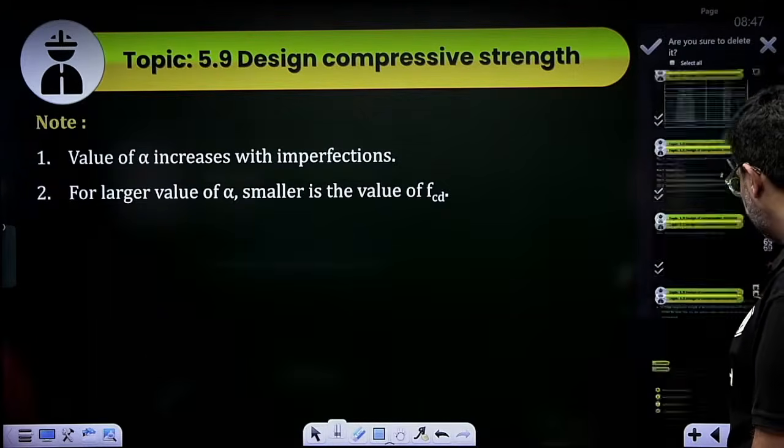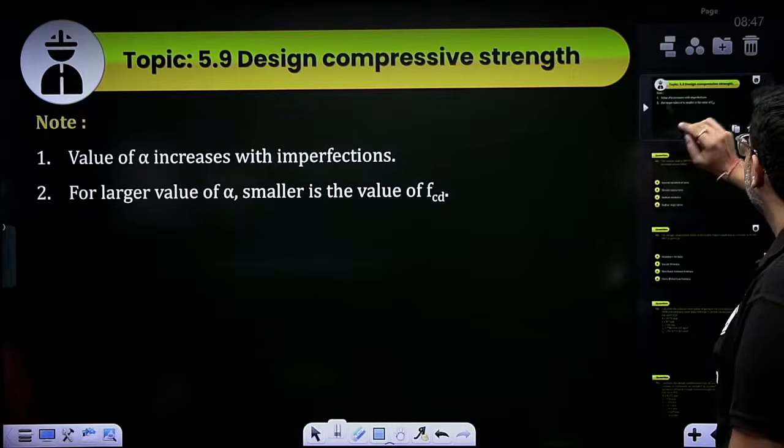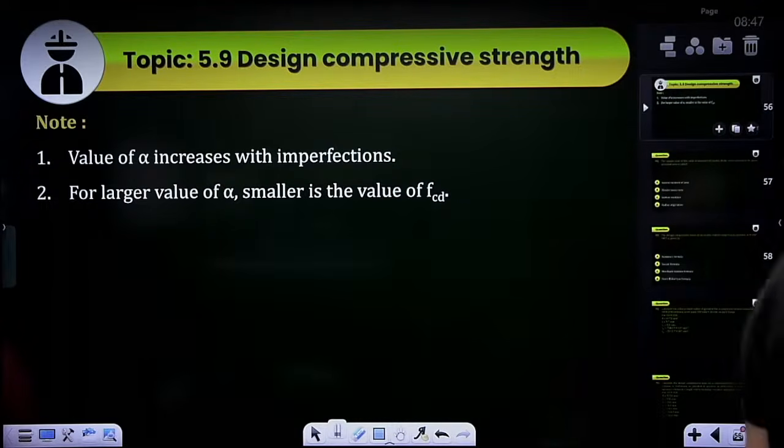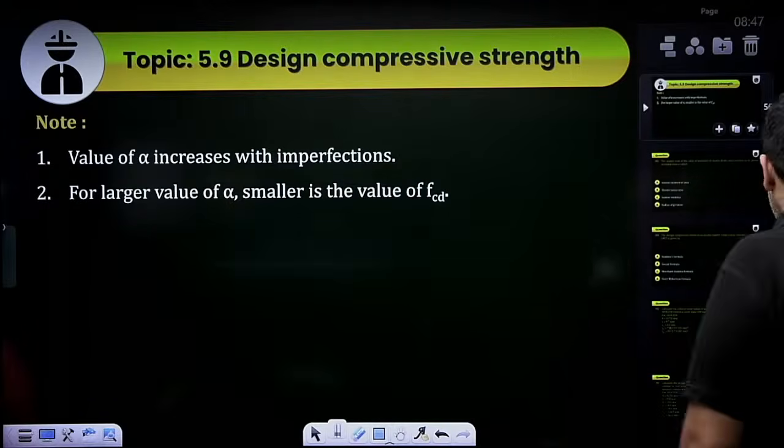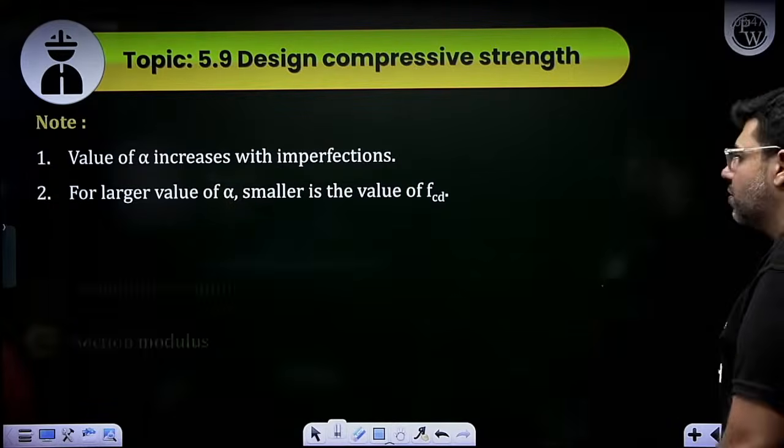Now let's see some questions here. Then I will proceed further. Very simple questions are asked from this topic. Let's see this question. Please try to do this question.